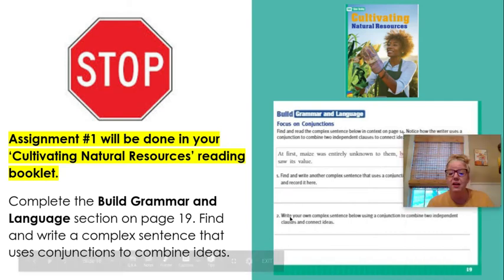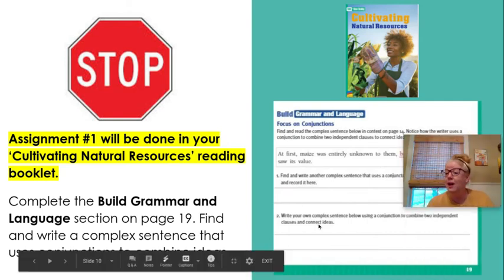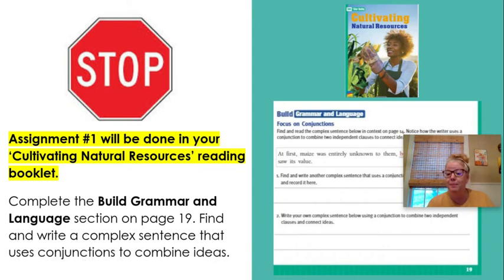Once you've done that, you're going to write your own complex sentence using a conjunction to combine two independent clauses and connect ideas. So think of your own sentence. It could be about anything you want.